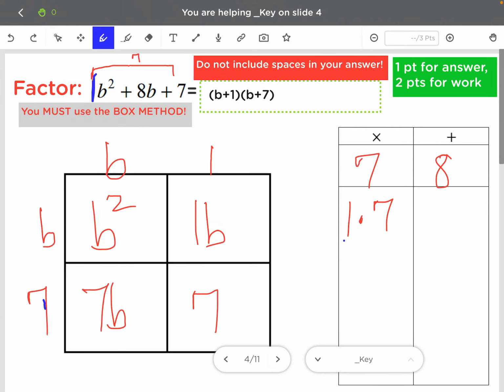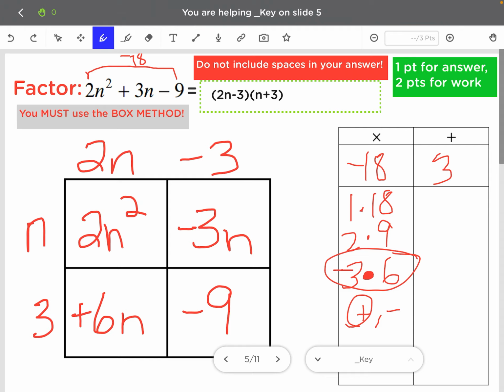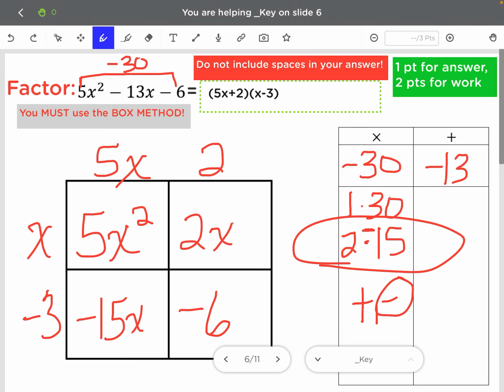This one does have a leading coefficient of 1, and it ends up factoring to b plus 1, b plus 7, the two numbers that we chose, factors of AC that add to b. And then this one has a 2, and it did not end up being -3 and 6. It ended up being -3, but not 6. So that one didn't work.